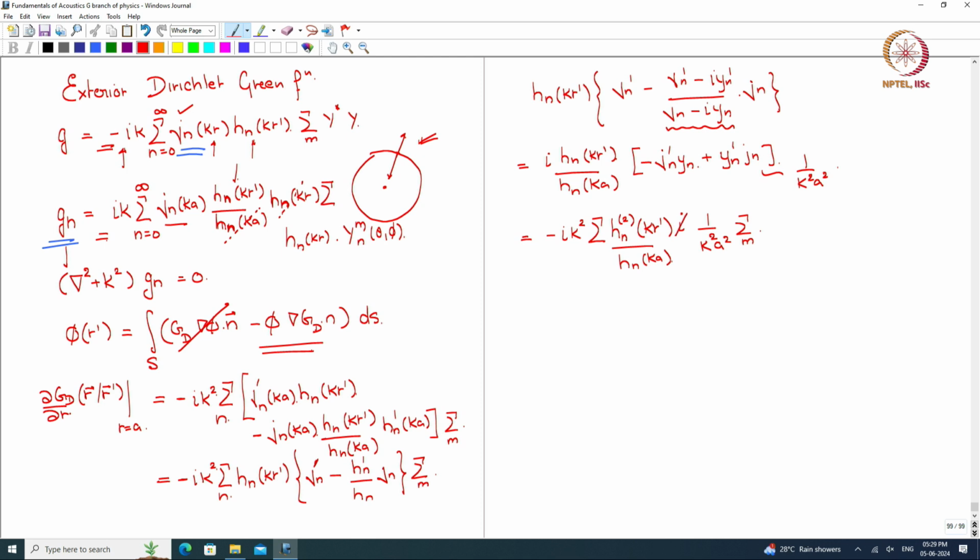So this i goes with this i and minus, and then this k square goes with that k square.